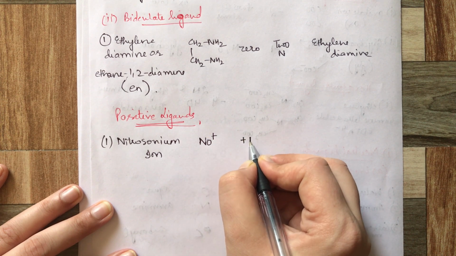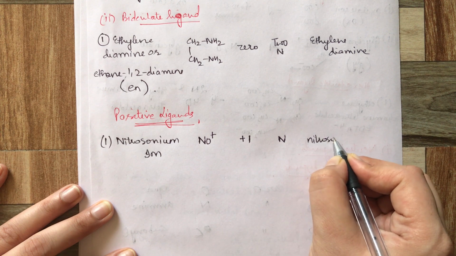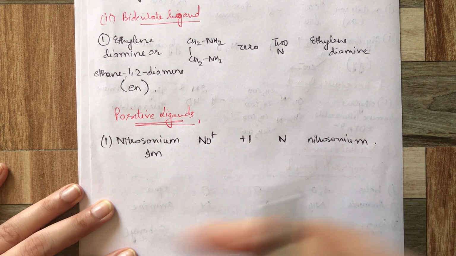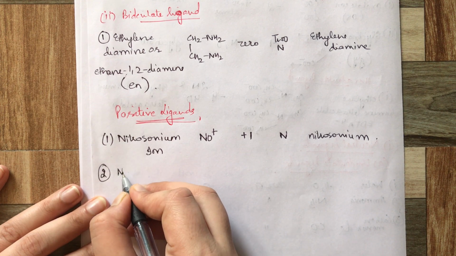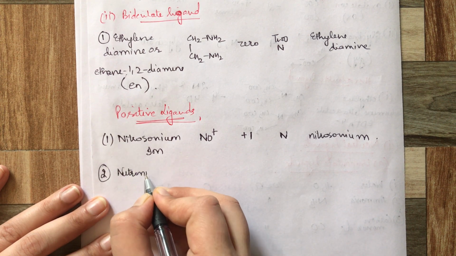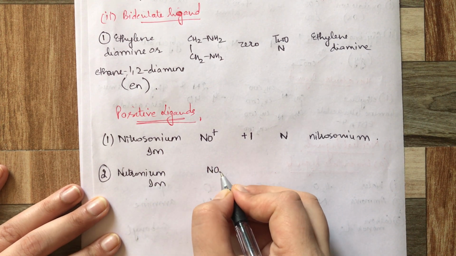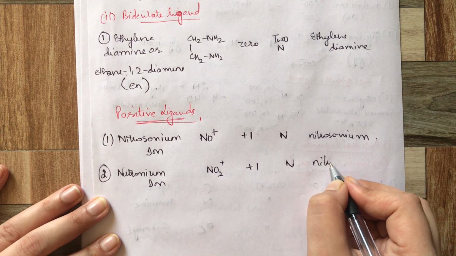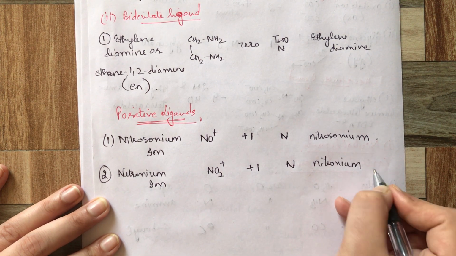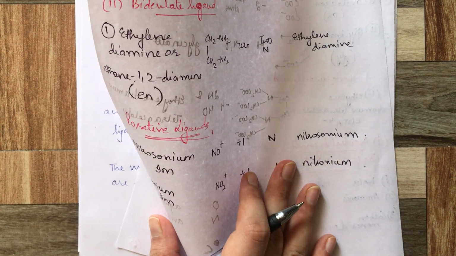The charge is +1, donor atom nitrogen, and it is called nitrosonium only. Next is the nitronium ion, NO2 positive, charge +1, donor atom nitrogen, and it is called nitronium ion only. So this was about the positive ligands.